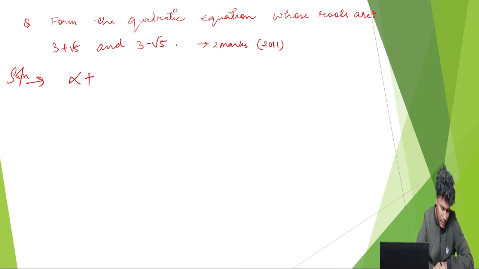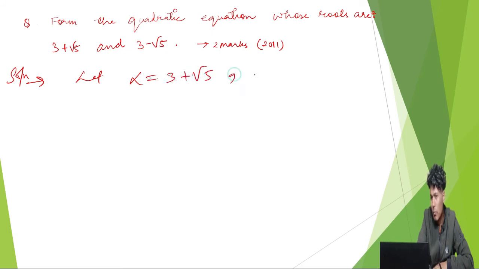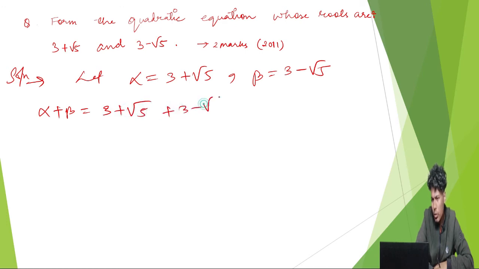Let alpha be equal to 3 plus root 5 and beta be equal to 3 minus root 5. Alpha plus beta will be 3 plus root 5 plus 3 minus root 5.